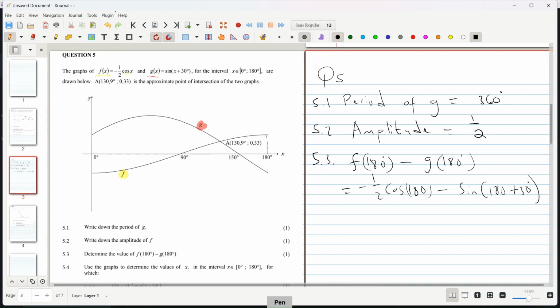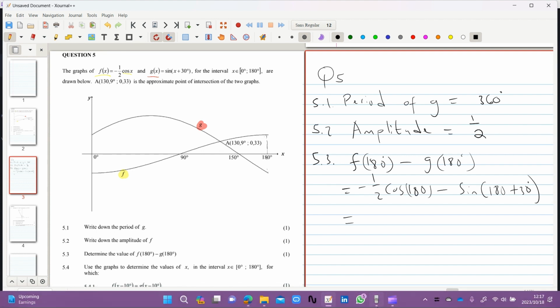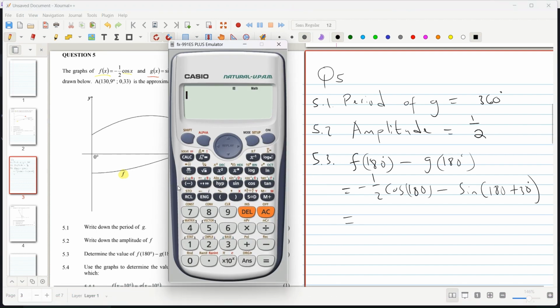Okay, so how do we figure that out? We can just simply use our calculator. Negative half times cos 180 minus sine 30.